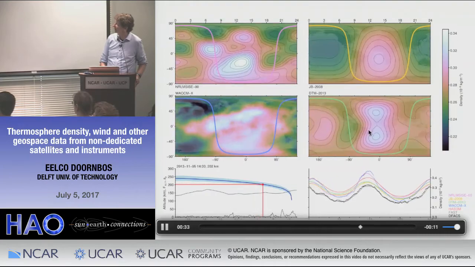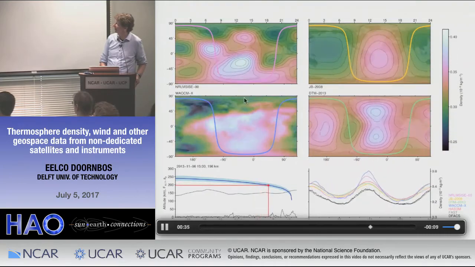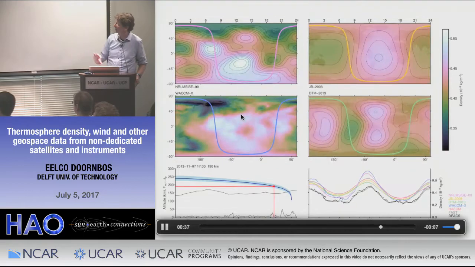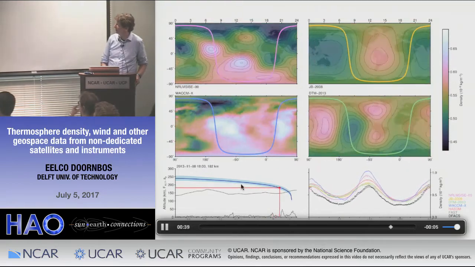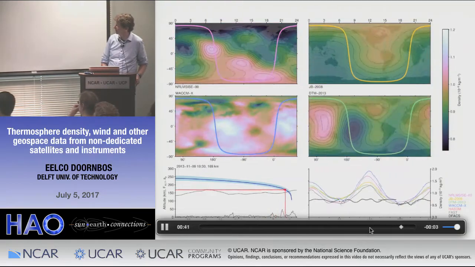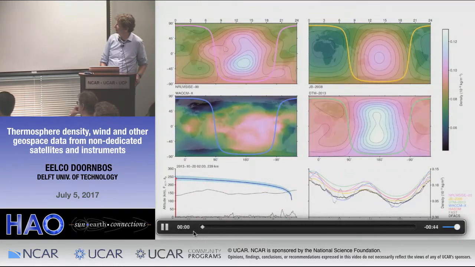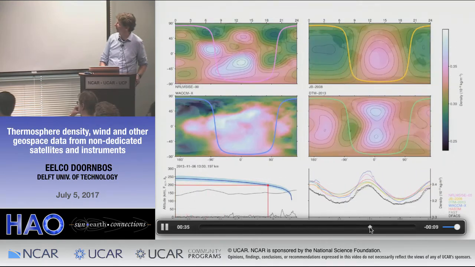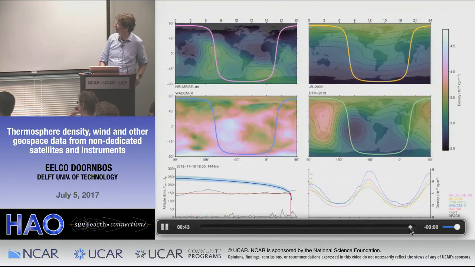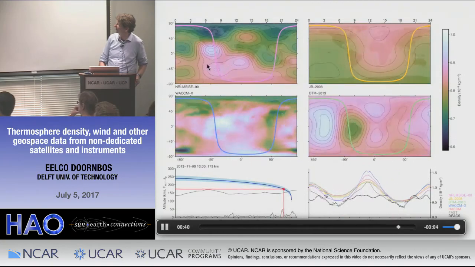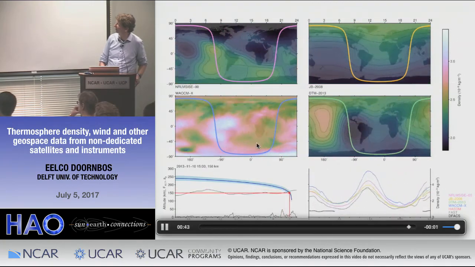And you can see that there's quite already a difference in what these models look like in terms of their diurnal variability. And if I go back and forth in this movie, you can also see that there's this diurnal bulge at high altitude, and it turns into a bit more messy situation where you have multiple peaks and valleys at low altitudes.